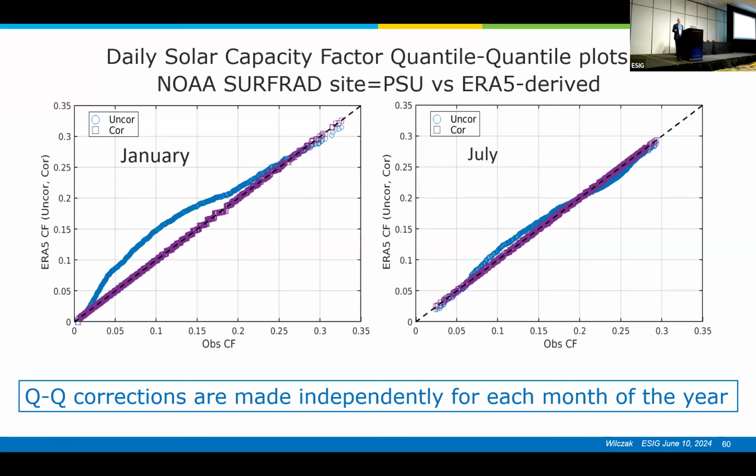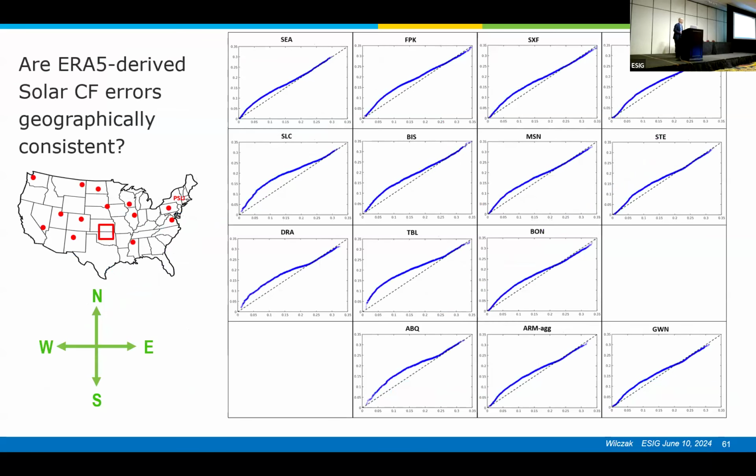And because the ERA 5 has seasonally varying biases, I have to do this separately for each month of the year. The left panel is for January and the right panel is for July, when the ERA 5 does much better. So how consistent are these errors across the entire domain? I've calculated these quantile plots for each of the NOAA SURFRAD and SOLRAD stations and plotted them here in a geographical sense with the northern sites along the top and the eastern sites on the right.